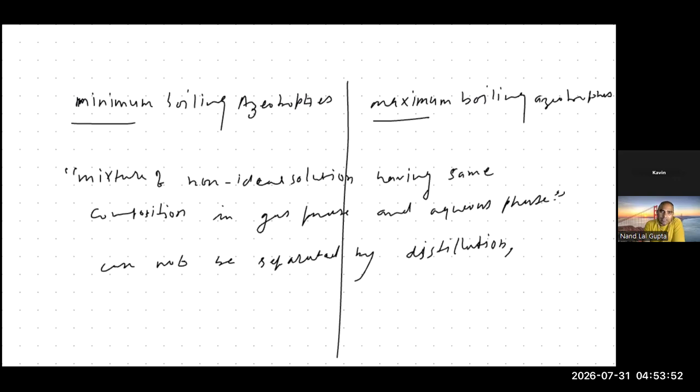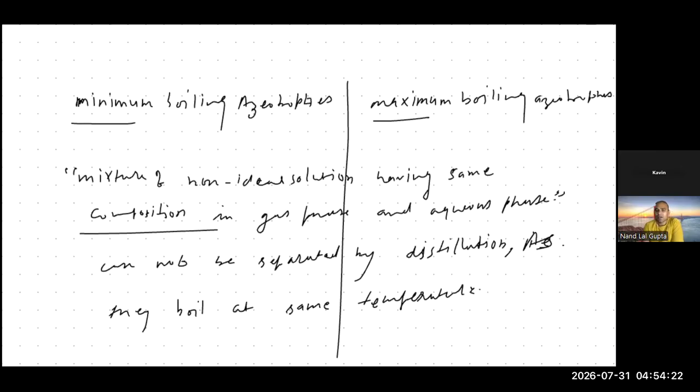Why? Because they have the same composition, and they boil at the same temperature, meaning both components boil at the same temperature. That is why there is the same composition. When can there be the same composition in the vapor phase? When both components are boiling at the same time. Are you getting this? Yes, sir.